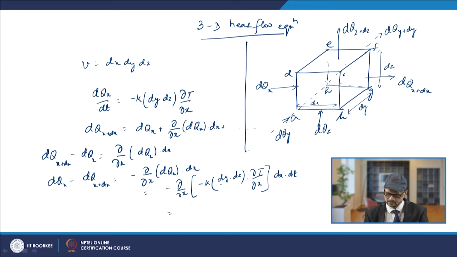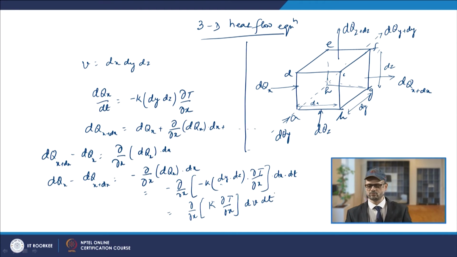So you will have dou by dou x of k dou T by dou x, and dx, dy, dz can be taken out, because it is a constant value. That will be dV, and you will have the term dt. That way you get the value of dqx minus dqx plus dx.